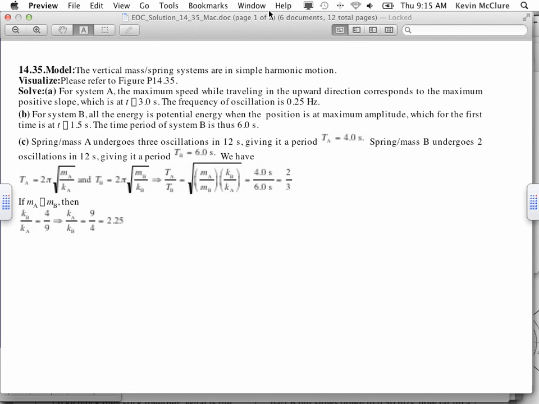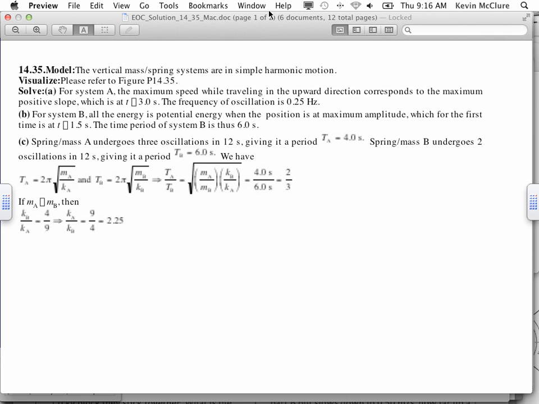All right. So let's see. Somebody tell me what's on 35. Oh, they give you a graph. They give 2 graphs in one plot, and you're supposed to find the frequency for each graph and the time for something. Okay, so clearly we're going to have to look at this graph.